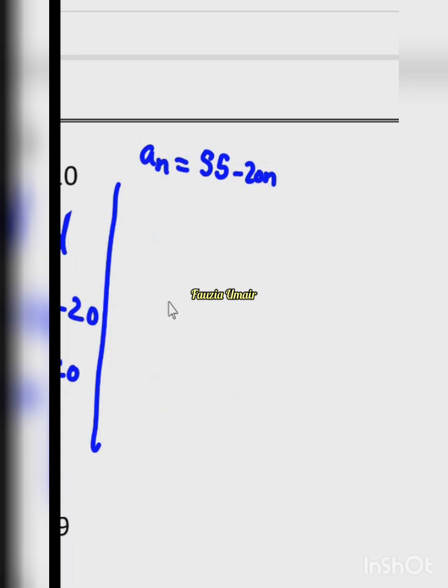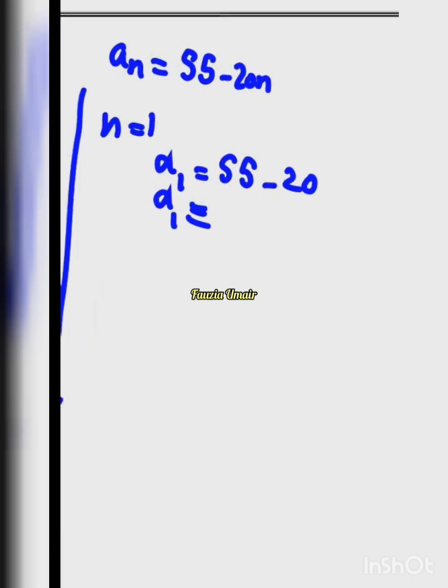If I put N is equal to 1, this formula will become A1 is equal to 55 minus 20. What is A1? Class, what will be A1? Ma'am, 35. That's right, 35.